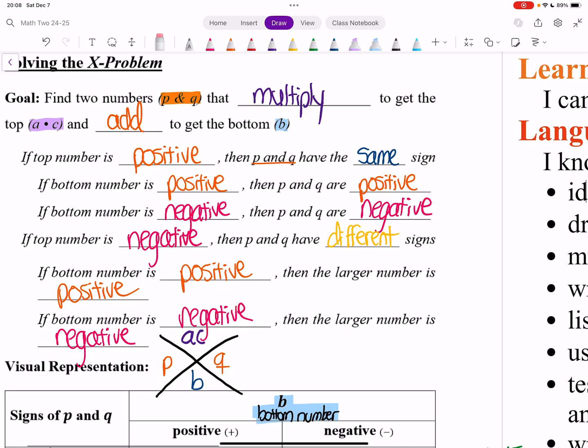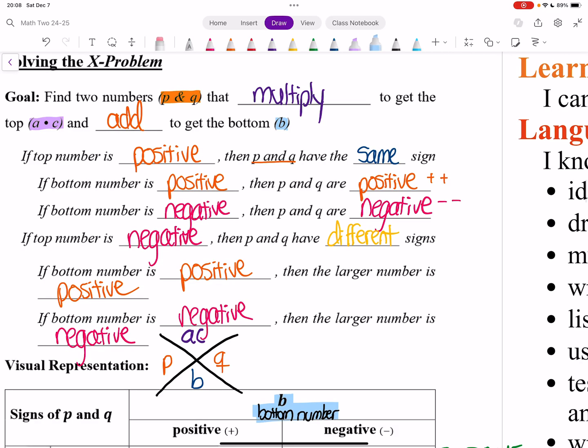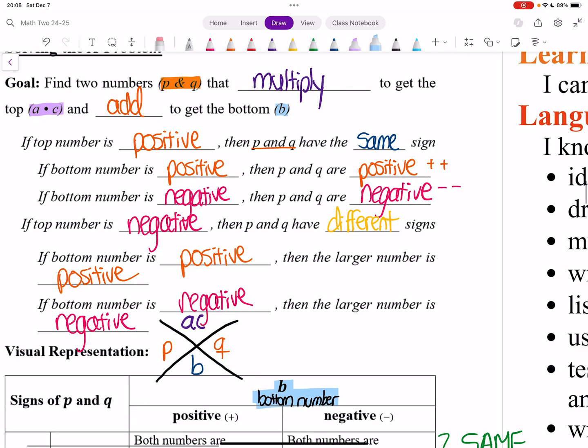They can be both positive or they can be both negative. From there, we look at the sign of b in order to determine what the signs of p and q are. Because if b, or the bottom number, is positive, then p and q are also positive. If the bottom number is negative, then p and q are also both negative.